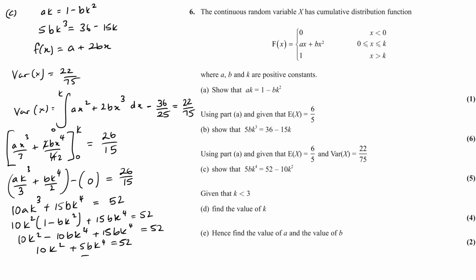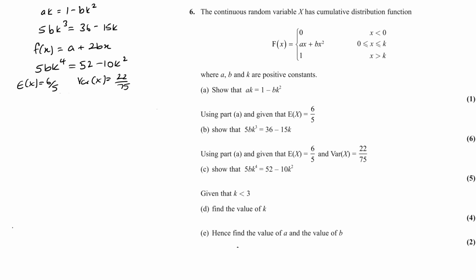And they want it this way, so 5bk to the power 4 equals 52 minus 10k squared. And that is as required. Oof, that was a bit of work, isn't it? Just algebra manipulation, that's all we're doing here.